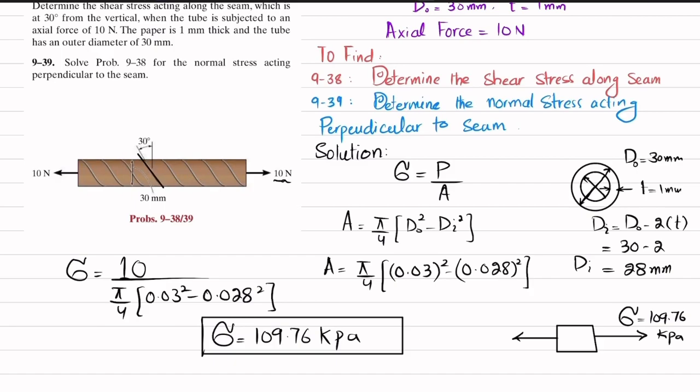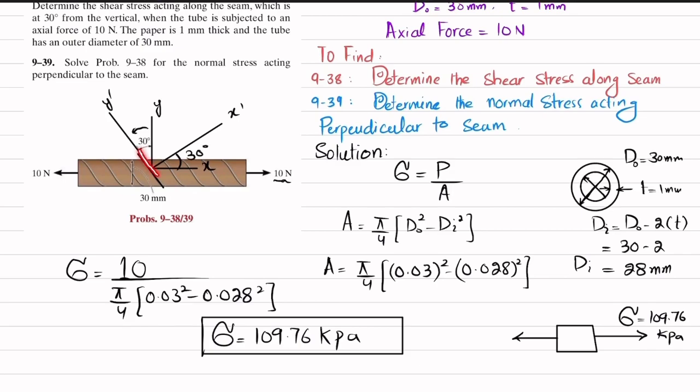Now we have been given that this seam is at 30 degrees from the vertical axis. Let this axis be y and this be the x axis. We are going to transform it. If you rotate 30 degrees counterclockwise, your new y axis will be like this one. This will be your new y dash, and similarly x dash will be the new axis, at 30 degrees.